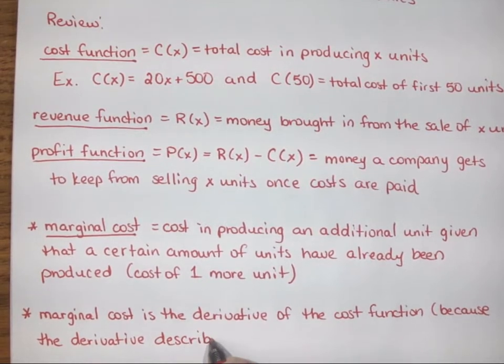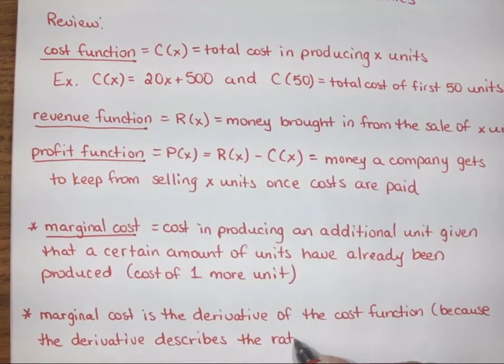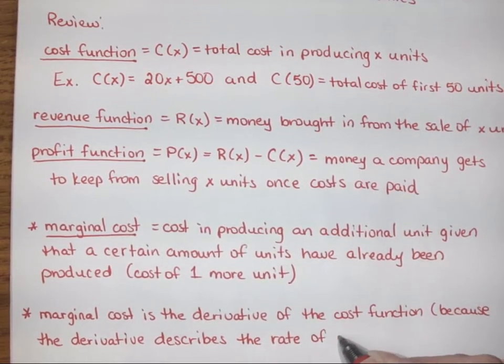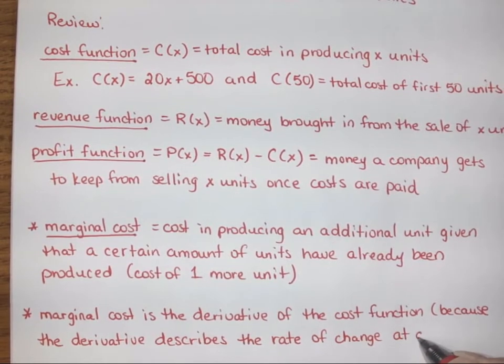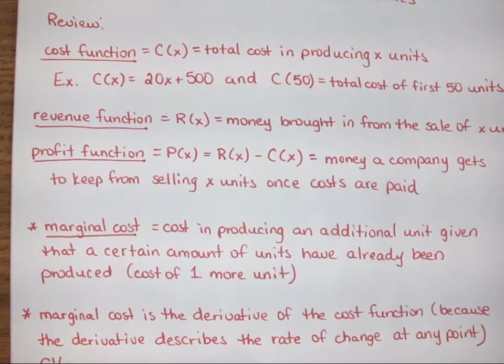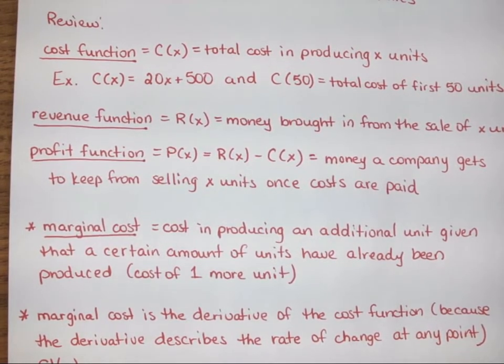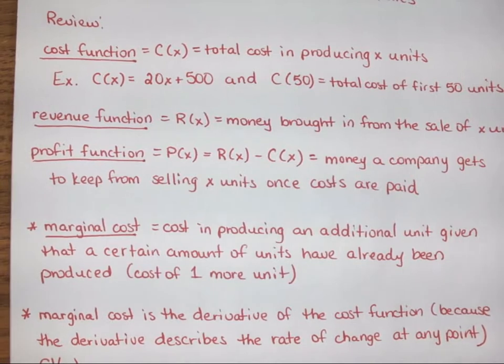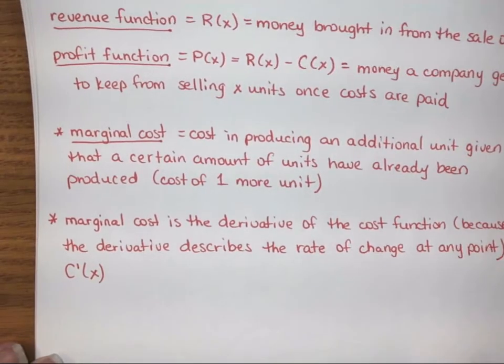So if we want the rate of change of costs at a particular production level, then we use this marginal notation. Okay, and we're going to use our prime notation to indicate that we're discussing marginal cost.